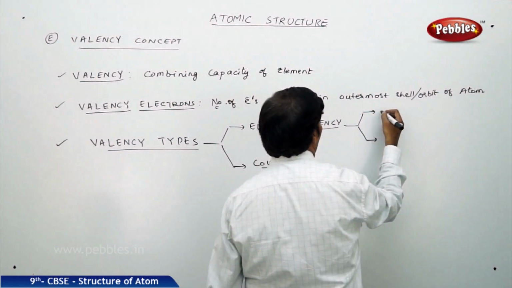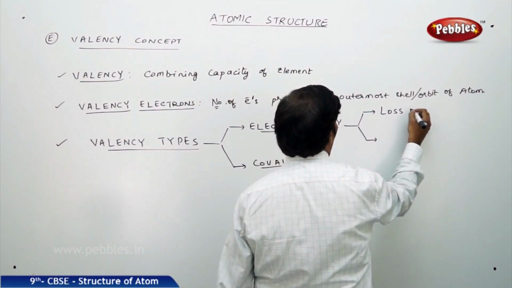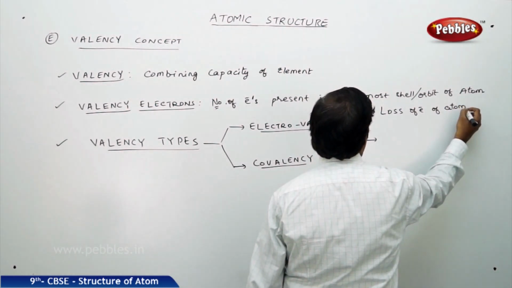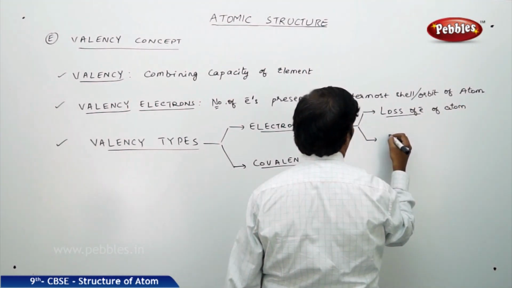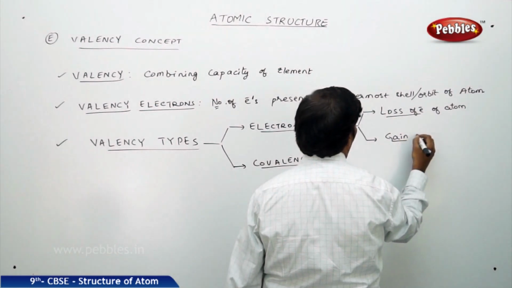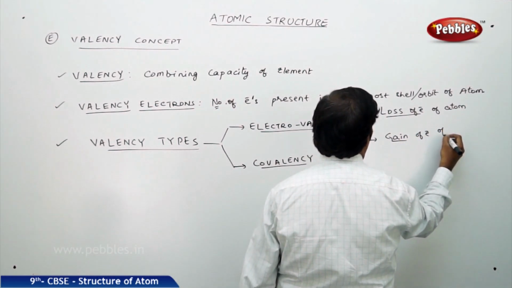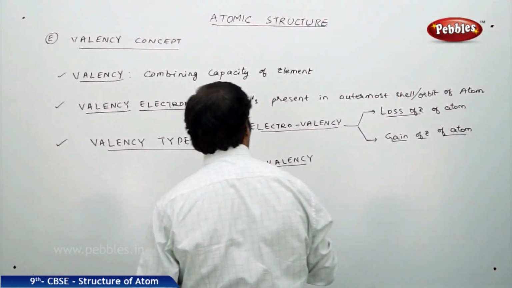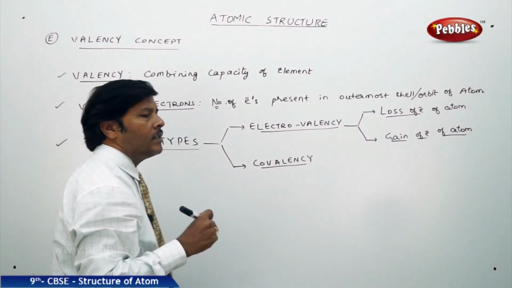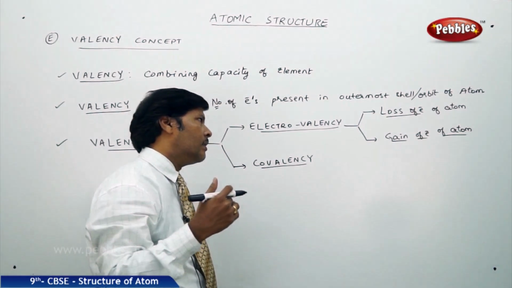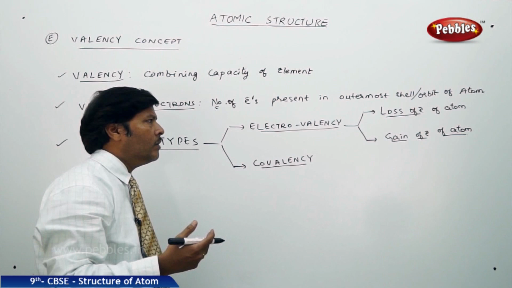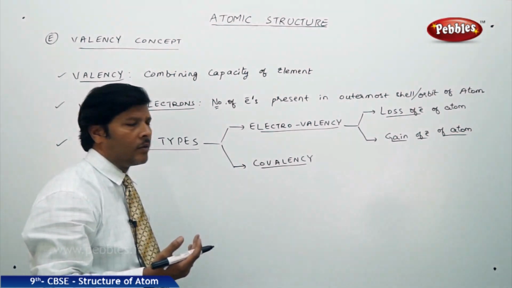Electrovalency can be obtained by loss of electron of an atom, and also sometimes by gain of electron of an atom. So whatever may be the case, electrovalency is of both types: the valency obtained by a species either because of the loss of electron of an atom, or sometimes the gain of electron of an atom.